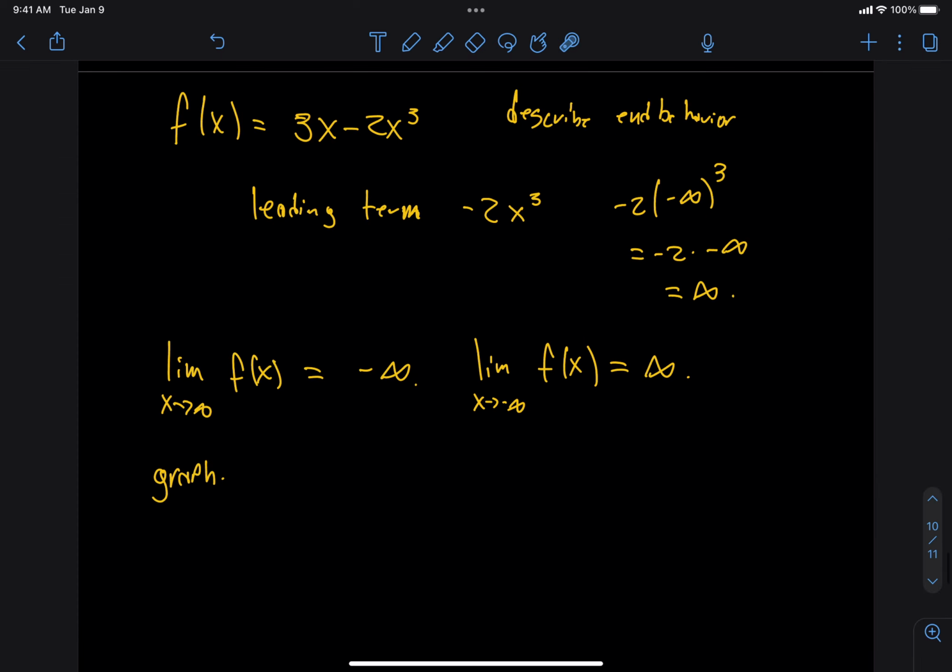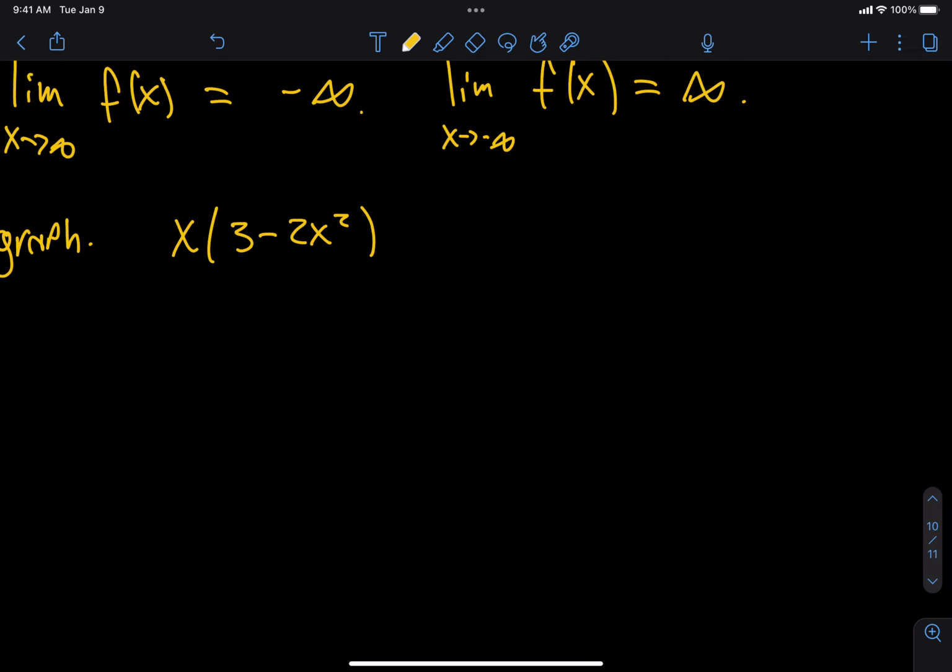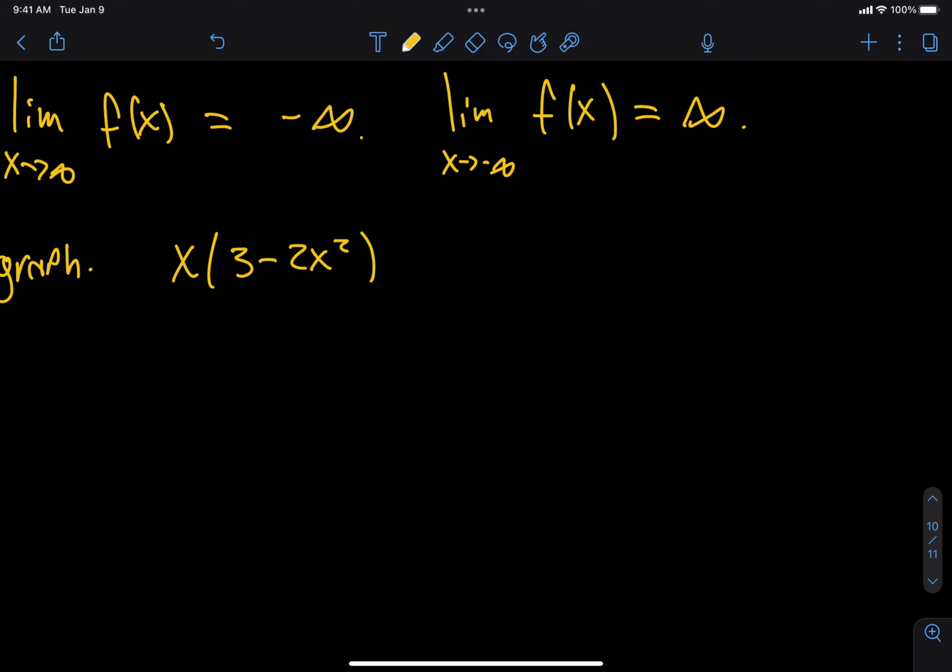What should I do if I wanted to graph this? Aside from the end behavior, what else matters? The zeros, right? What are the zeros? We have x times 3 minus 2x squared. If we think of this as a difference of squares, we can think of this as negative x times 2x squared minus 3.